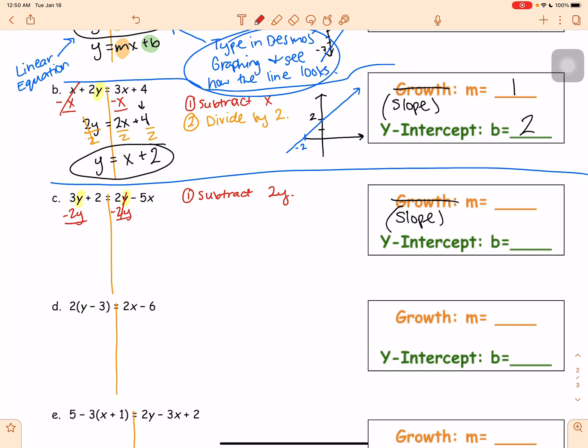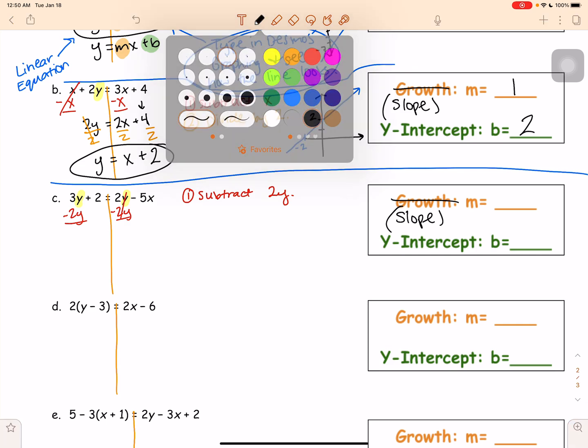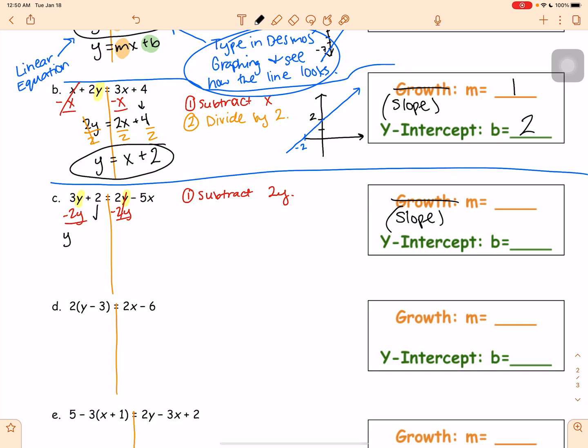And I subtracted because it was a positive 2y, so that zeroes it out. On the left here, I'm left with just 1y. Then this plus 2 equals negative 5x, because I zeroed out the 2y's. Okay? So I'm getting closer, right? The y is almost all the way by itself. I ended up with 1y, so it's really pretty.